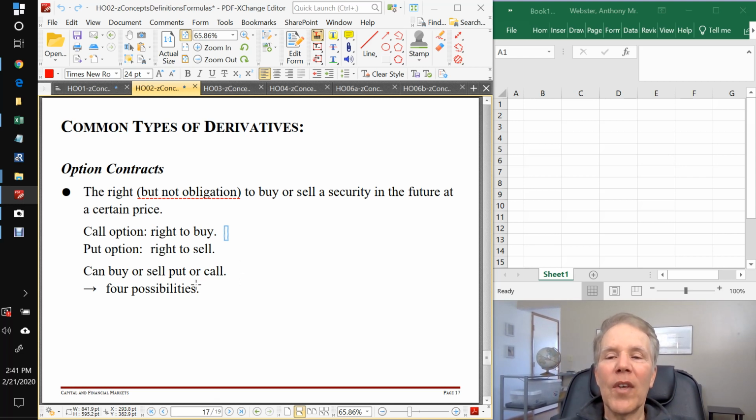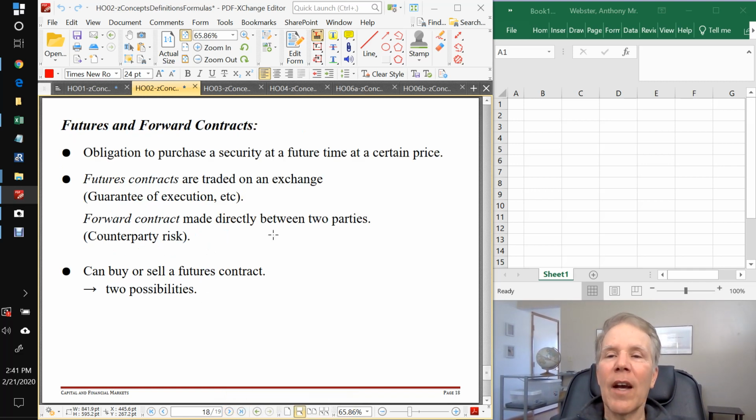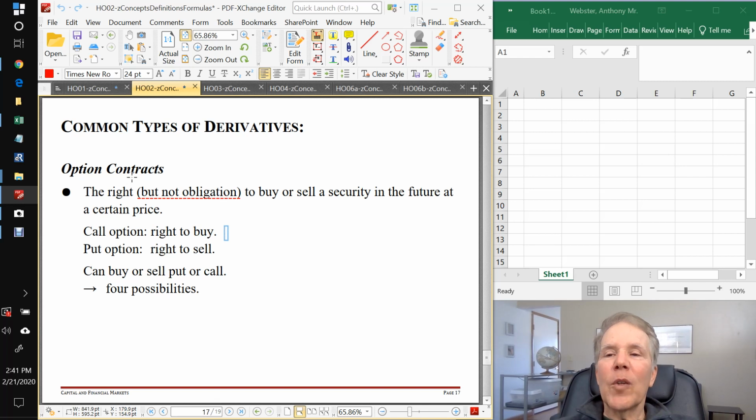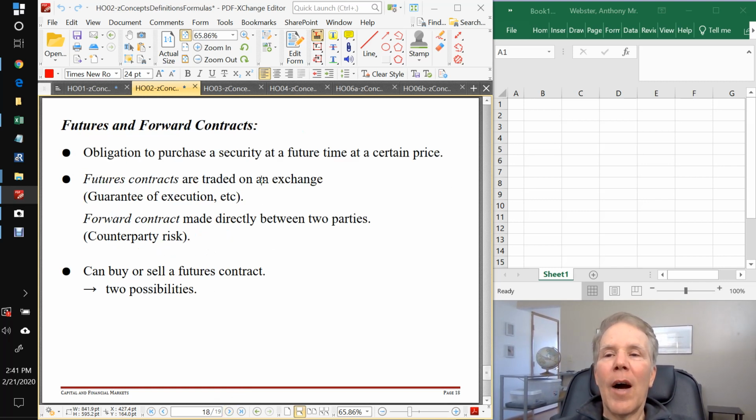So you can buy or sell, a call or put, so you have four possibilities. We pretty much focused only on calls because I don't want to drive you guys crazy and let it get too complicated. So you definitely should be comfortable with the option contract examples that we did in class, the in class quizzes, and what you had for homework.